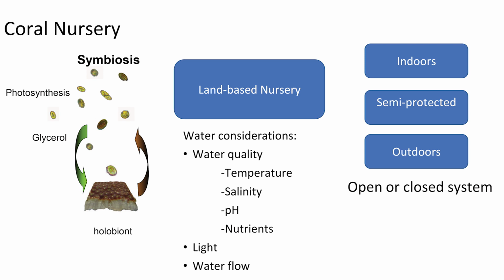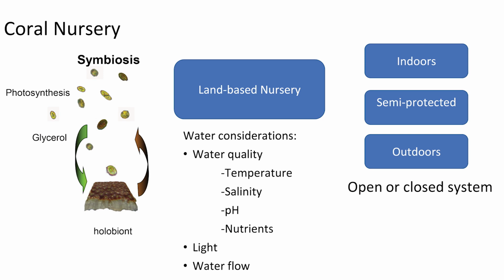Also, we know that corals have a natural vertical distribution in the reef. So our task is to try to simulate the water conditions based on the flow, but also the amount of light these corals are used to. In general, we could divide these nurseries into indoor nurseries, which implies culture tanks inside a room, for instance, or semi-protected in case there is some kind of shelter, but still it's not a room.